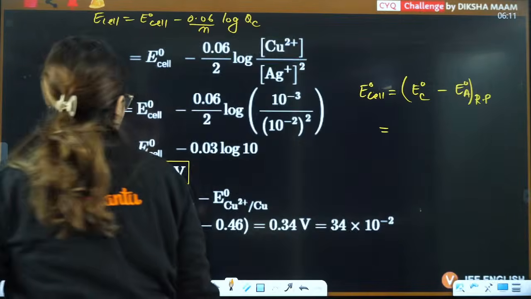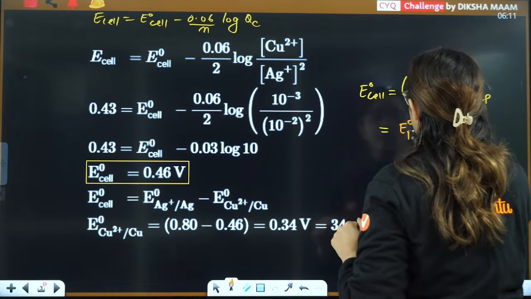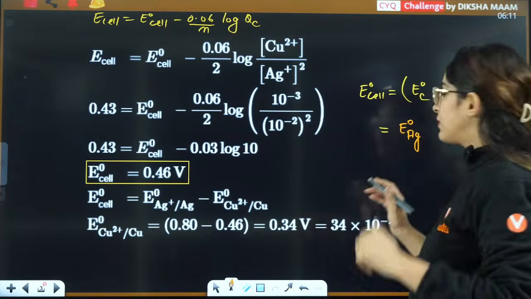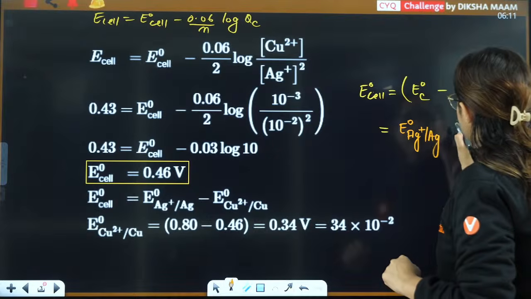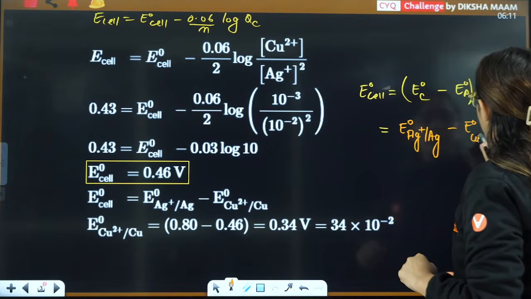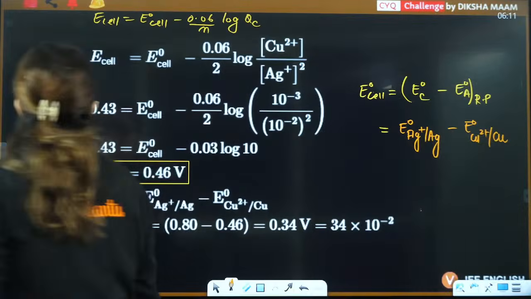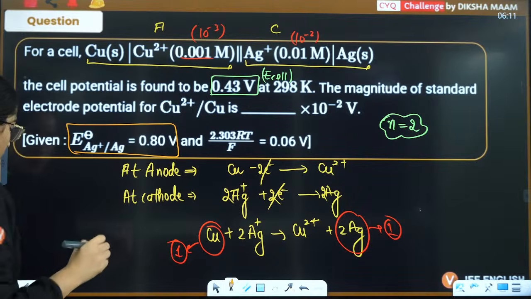So what you can write here, this will be E naught of cathode is Ag. In both the cases, the oxidation number will decrease because we are talking about reduction. This is Ag positive to Ag minus E naught of Cu2 positive to Cu. Now the value of Ag positive to Ag is already given to you, that is 0.80, right?